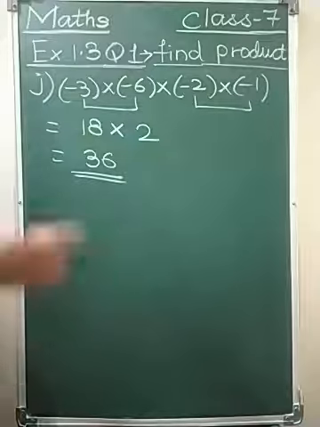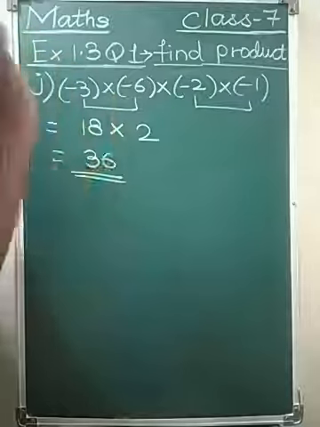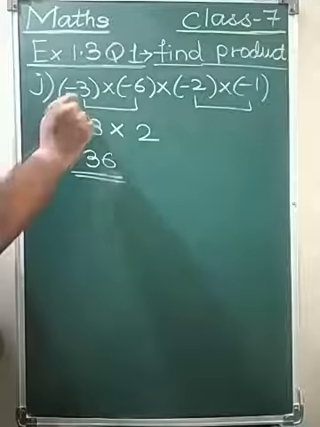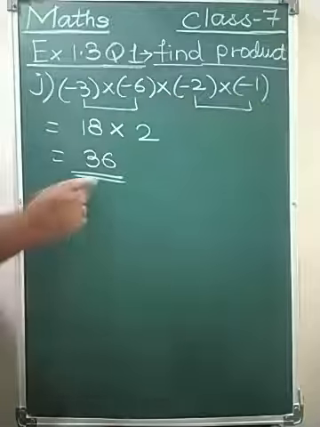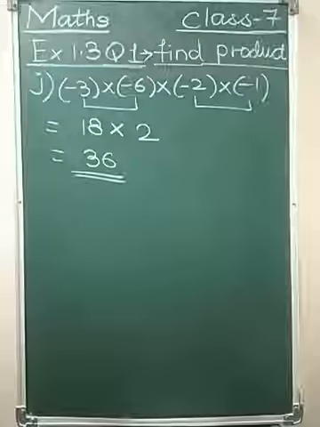So please listen to this carefully. When we multiply an even number of negative integers, we get a positive answer, and when we multiply an odd number of negative integers, we get a negative answer. So question number J is also solved.